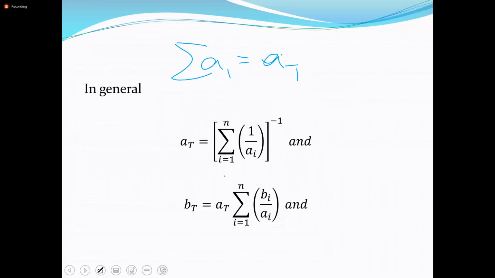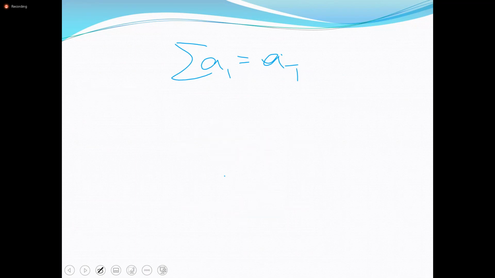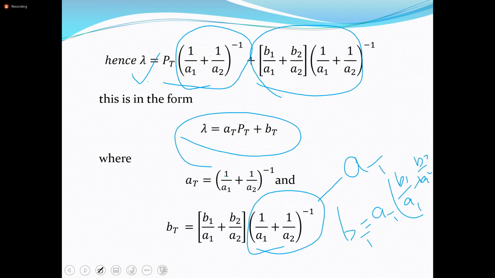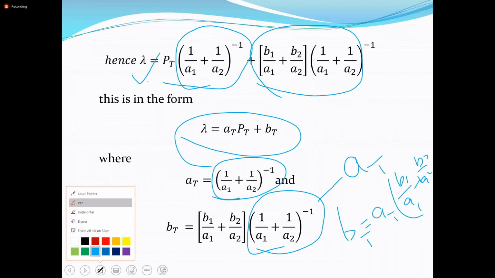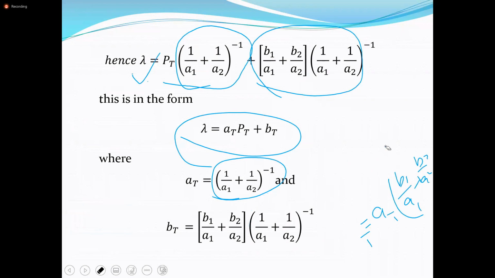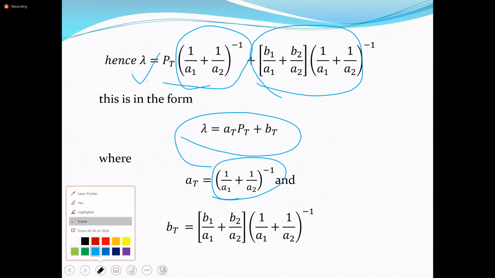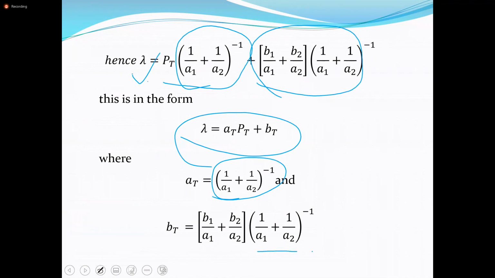No, no. Look at what we had before. BT, this is AT, yes? However, BT, in addition to having AT, this part is AT, but you're multiplying that by this.